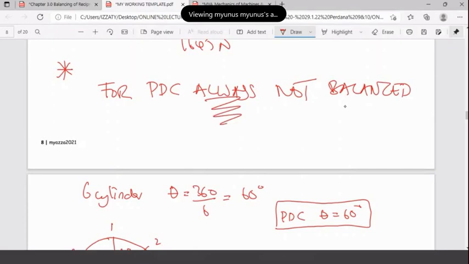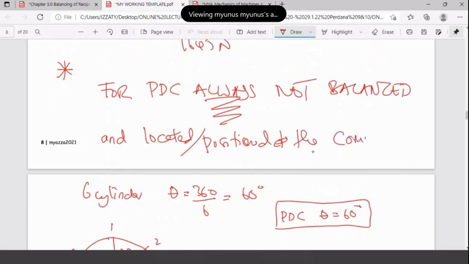So you don't have to do the primary direct counting of how many cylinders you have. Just put it here: always not balanced, and located or positioned at the common crank.